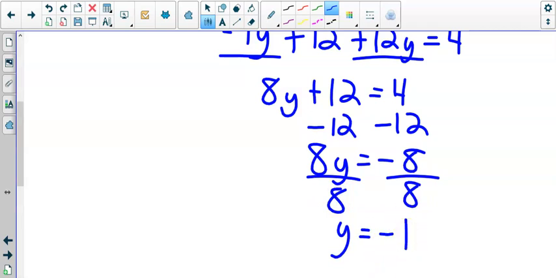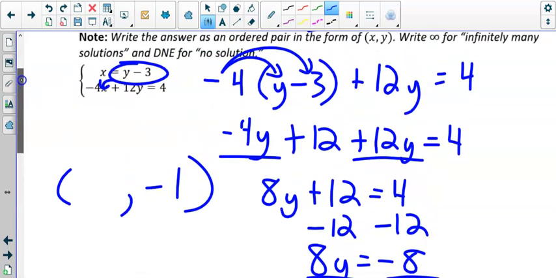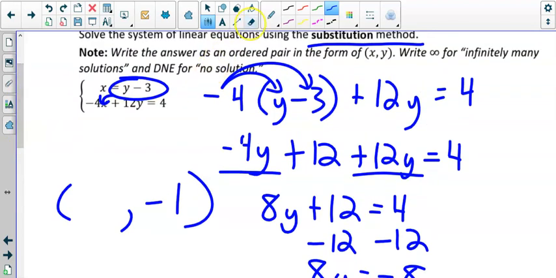So my variable didn't cancel out. I got an answer here. So that's why we keep going. This is not one of those infinite or no solutions. We have an answer for y. We know that y is negative 1. So what am I going to do with this piece? We're going to plug it in. We're going to go back to one of these original equations up here.